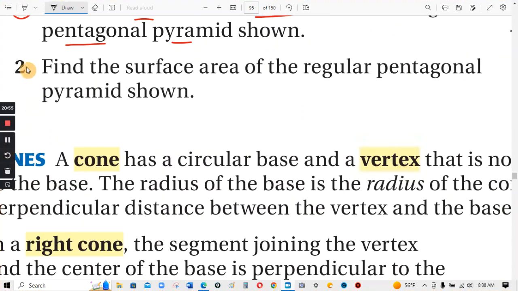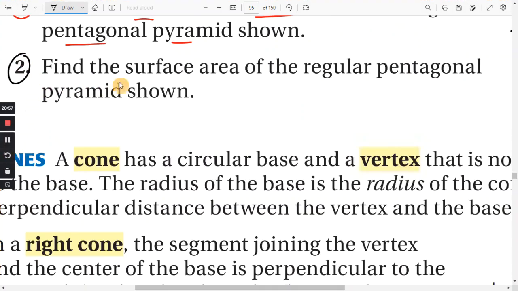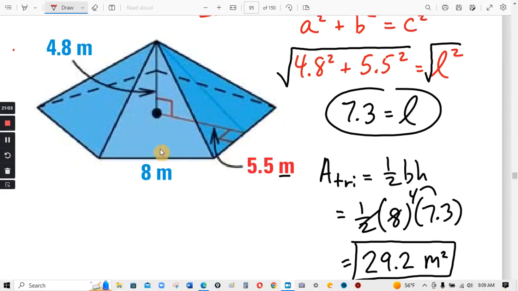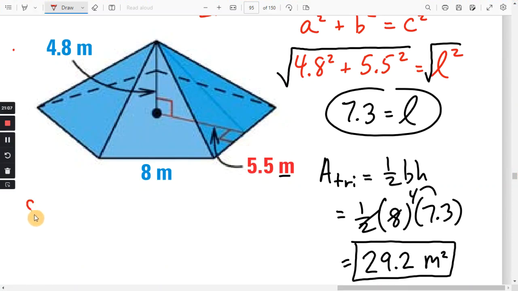Okay, problem 2. Find the surface area of the regular pentagonal pyramid shown. Okay, you can use the formula for surface area if you want. However, we already found the area for each triangle. So all we have left for surface area is the area of the base.